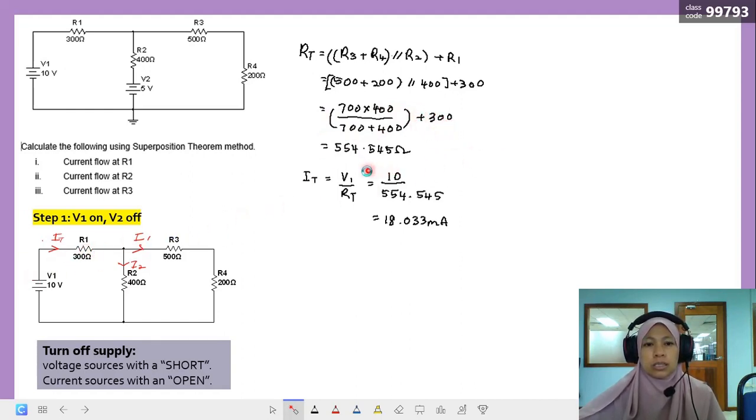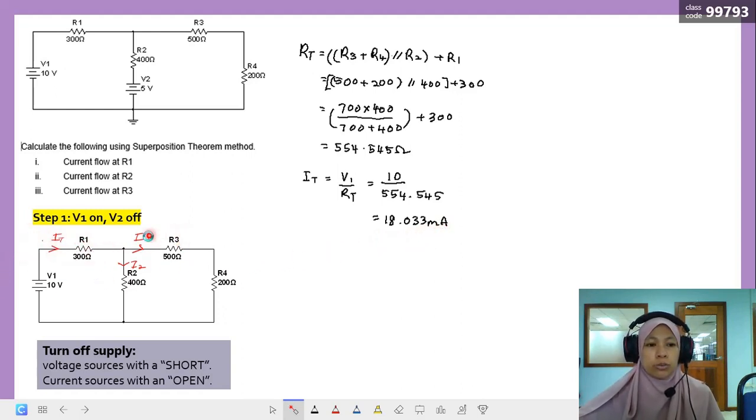So we get the answer R total 554.545 ohm. And then we can calculate I total, V1 the supply over R total. So 10 over 554.545, we get the answer 18.033. So we get the I total here.